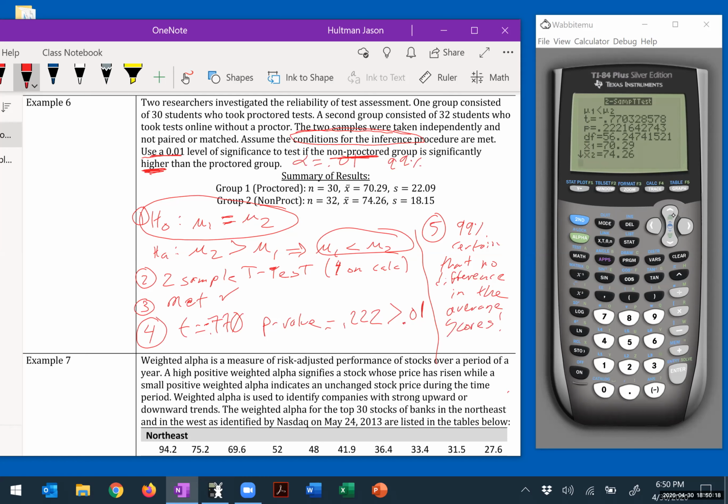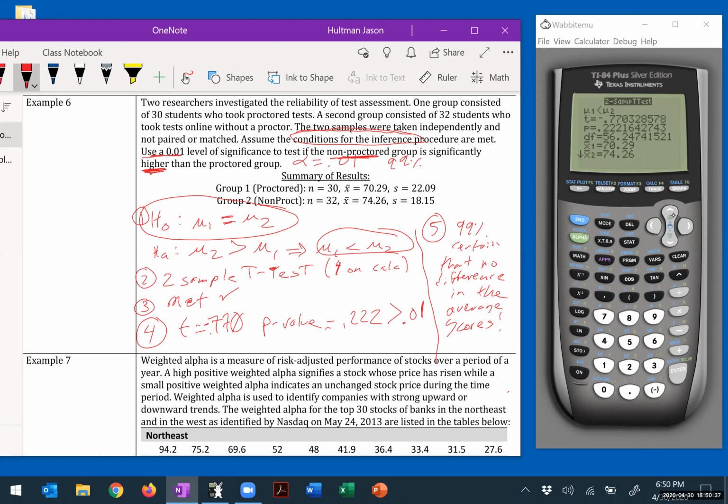There is no significant evidence that the proctored group did any different than the non-proctored group.